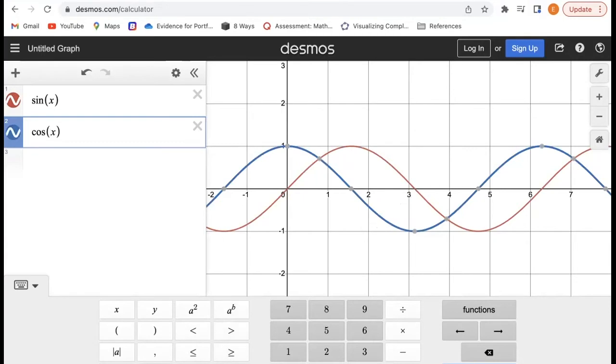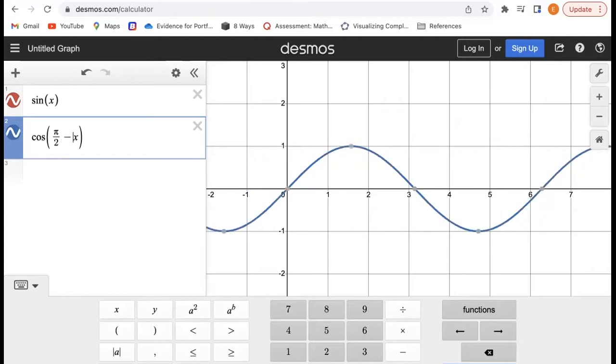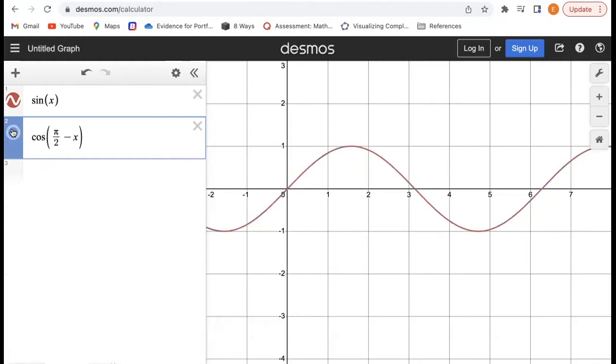If I subtract pi over 2 from x, what I get is a sine graph. In other words, cos is 90 degrees out of phase with sine, and I need to move that towards the right-hand side. Again, if I toggle my cos graph on and off, you can see now they perfectly overlap.